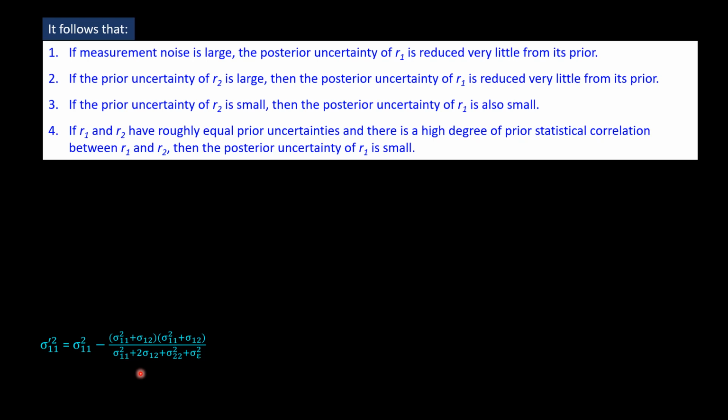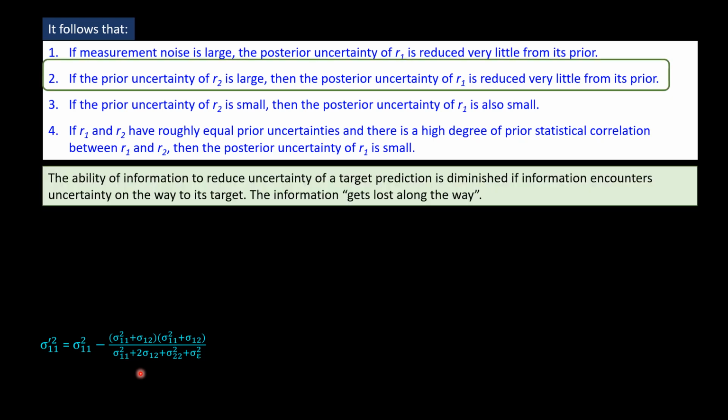Let's just put these conclusions into something that a little bit more approaches plain English. The ability of information to reduce uncertainty of a target prediction is diminished if information encounters uncertainty on the way to its target. The information gets lost along its way to that target.